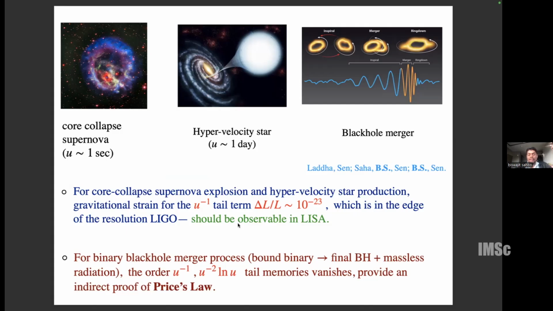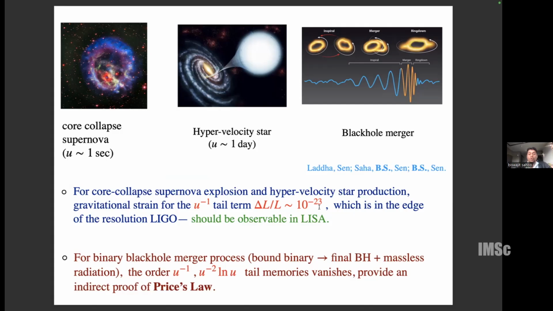And it turns out that this computation for, say, core collapse supernova or this hypervelocity star produces order 10 to the power minus 23, which is actually very close to the current LIGO gravitational wave detector. However, LIGO only focuses on the merger phases and doesn't see this kind of events, so it has not been observed yet.